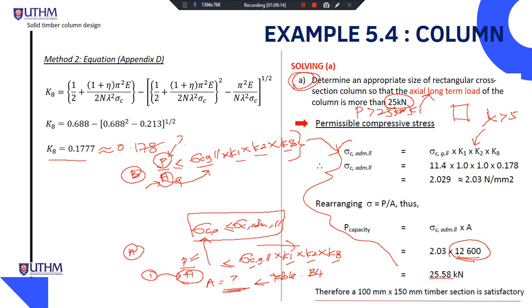Thus it is verified that using the cross-sectional area of 12,600, P is more than 25 kilonewton. Based on 12,600, refer to table B4 and we select the size slightly larger than 12,600. In this example, the selected size is 100 millimeter multiplied by 150 millimeter timber.